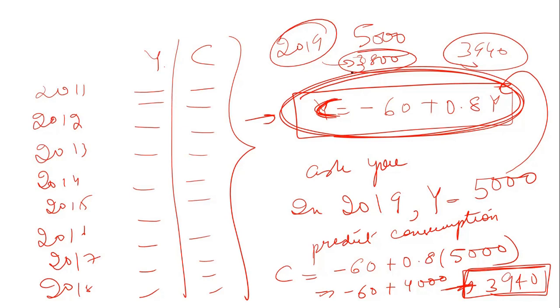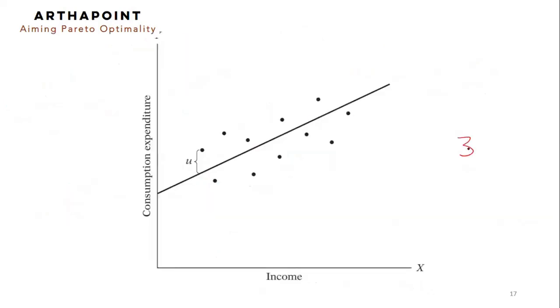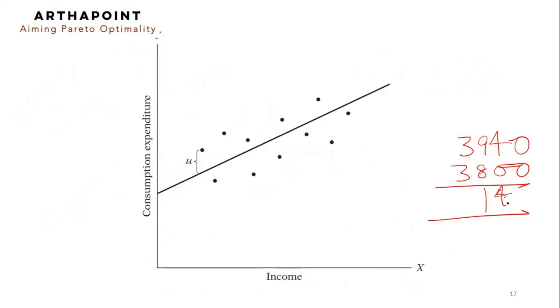The difference between what you predicted, 3940, and what it actually came to, that difference is your error term.